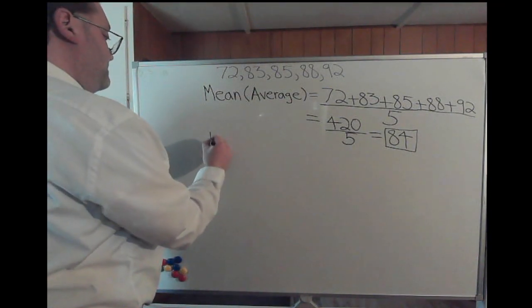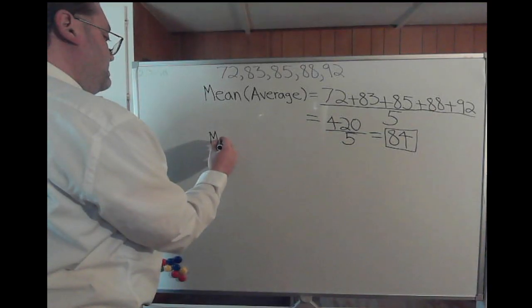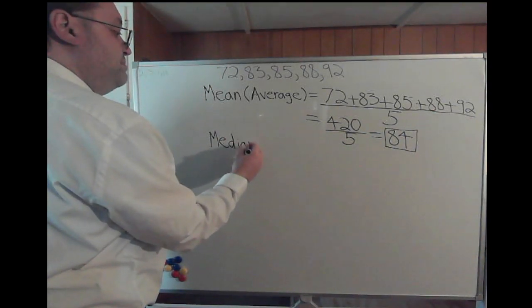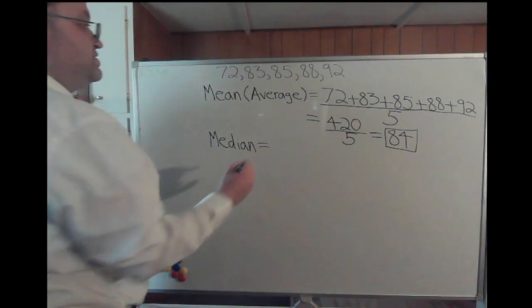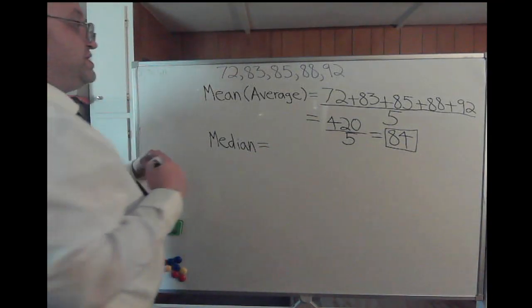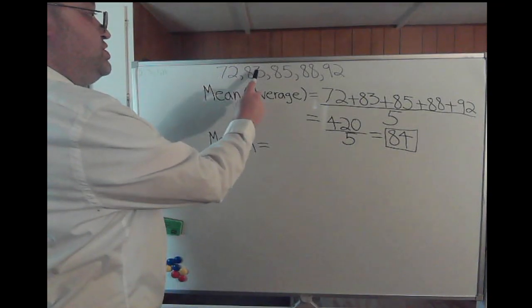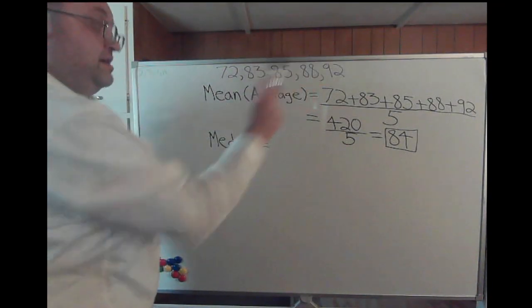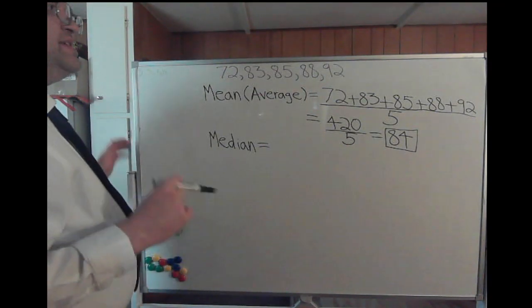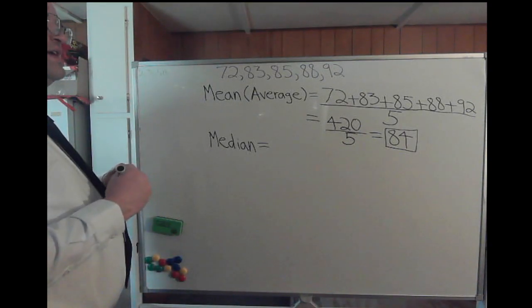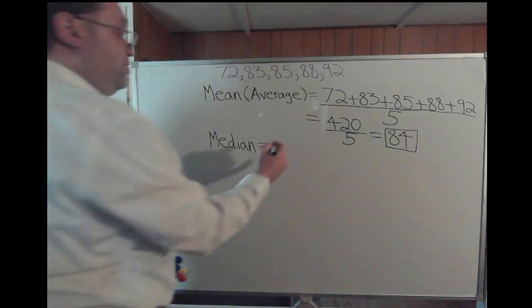Now let's talk about the median. To find the median of a set of numbers, first, again, count how many numbers there are. We got 1, 2, 3, 4, 5 numbers. If it's an odd number of numbers, like 5 being an odd number, you literally just take the middle number.